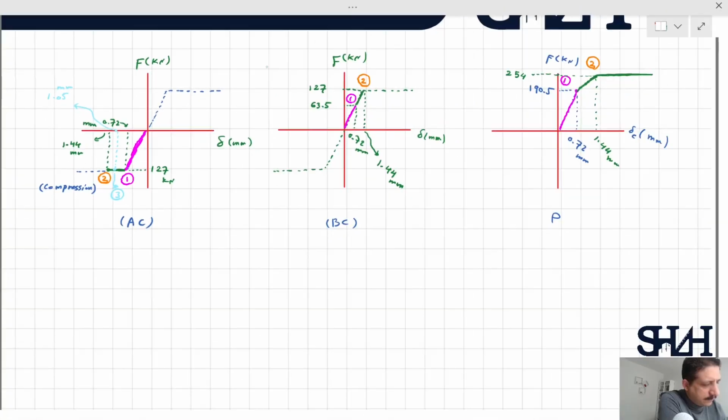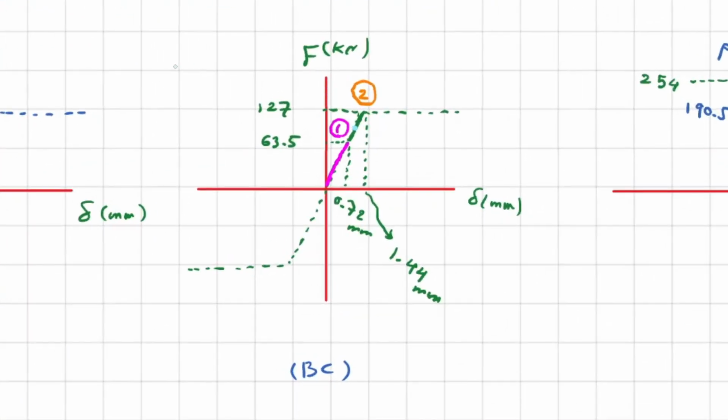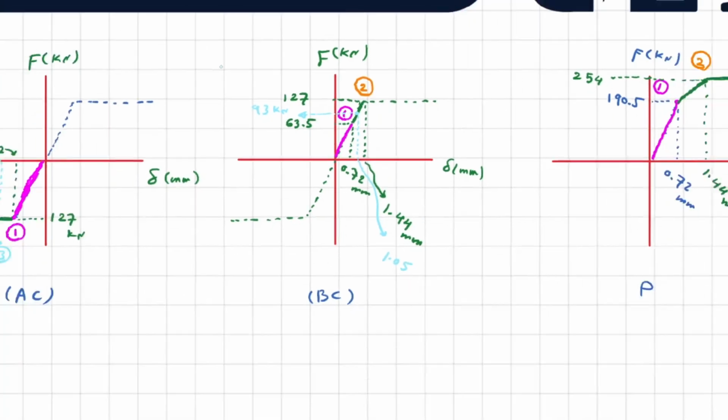1.05 millimeter, and also in this case we are here, 93 kilonewton, and the corresponding deformation is 1.05.